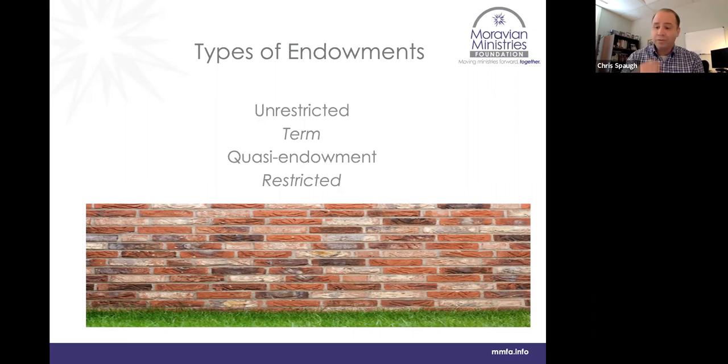If you have a board-restricted endowment, many of you may encounter where you have to actually include that in your calculation for your provincial share. And that's because the board has the ability to guide those restrictions or remove those restrictions. If you have an endowment restricted by your entire church body, church council, then that doesn't necessarily get counted in provincial share.